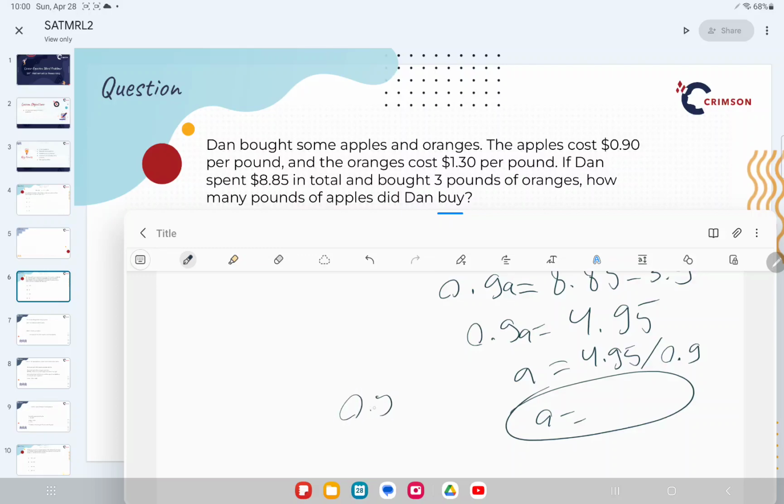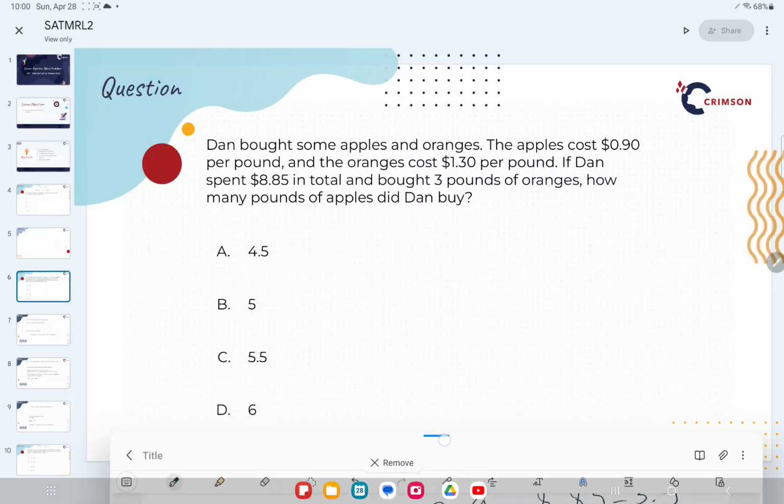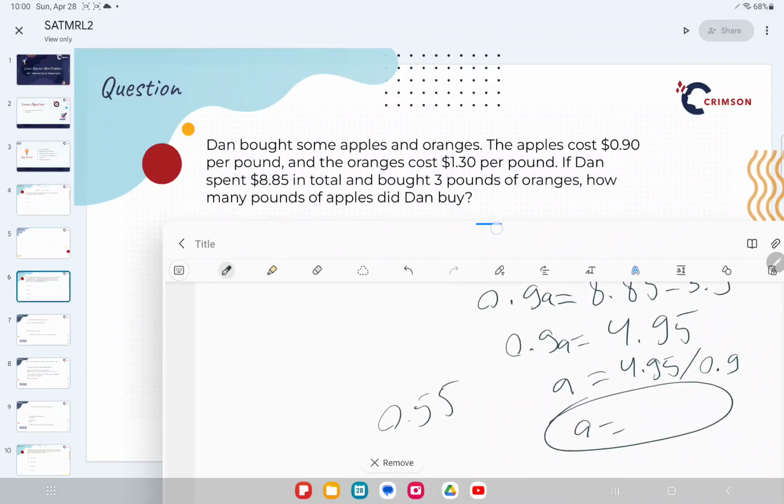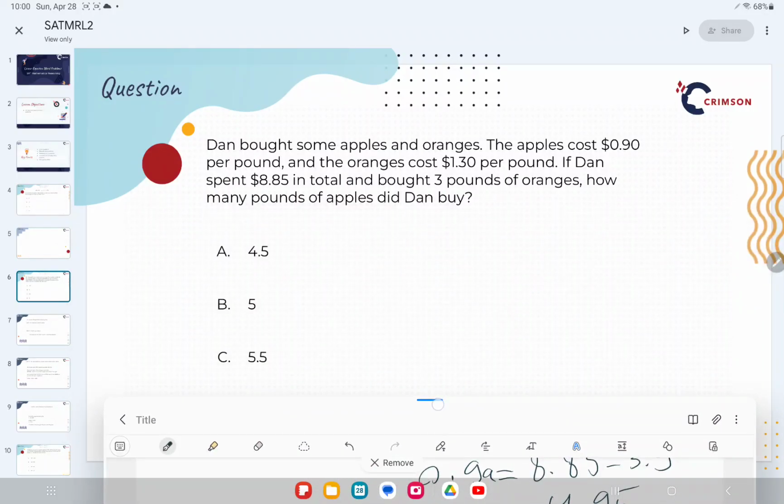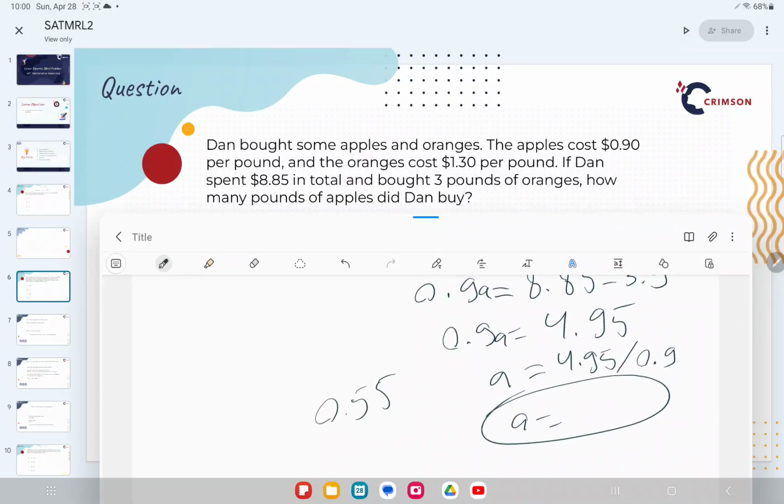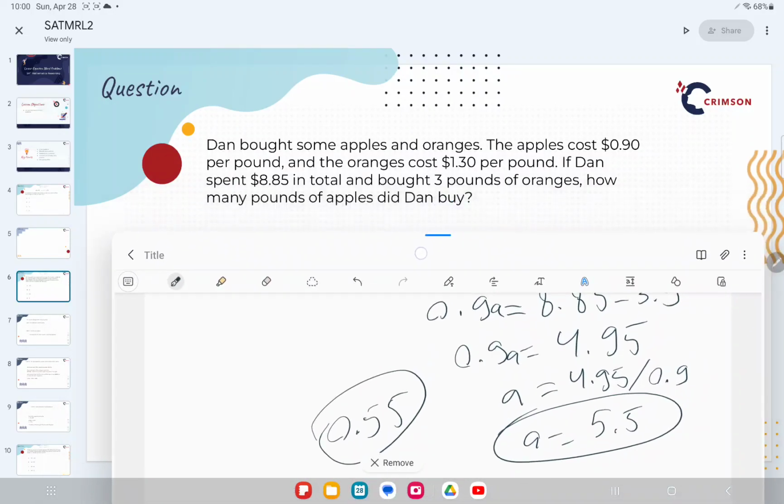If your number came out like 0.55 and you can clearly see that over here none of the options are 0 point something, then most probably you made a calculation mistake. You got 55 and I got 0.55, so clearly there's a mistake with a factor of 10, for example. So over here it is 5.5, so my answer is C.